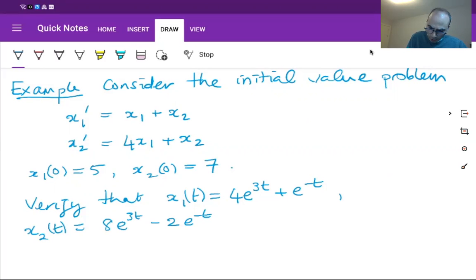So it is a solution of the initial value problem. And in fact, this is for all t.